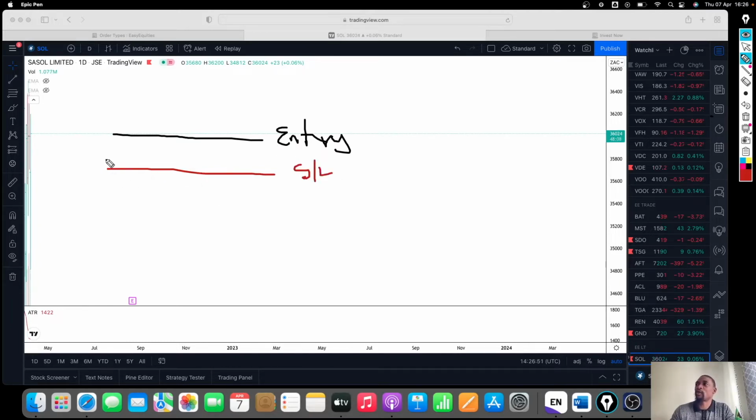So now you have your stop loss. It doesn't matter how low or how wide it is from your entry level. And since you expect the share price to go up and you don't want to give back your profit, you're going to have a take profit. The take profit is going to be higher than your entry price. Again, you can set the take profit by using a limit order, the way that EasyEquities has explained it. Let's see if it's still there.